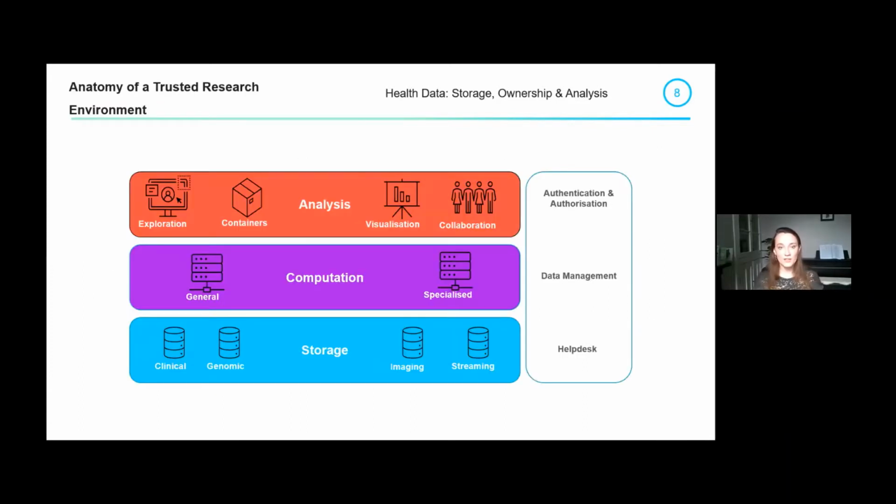So for the more technically minded, I've put together a little diagram of what an example trusted research environment could look like. And while the actual implementation can be very diverse in terms of hosting and deployment, you can have on-premise, so that means all the data is held physically within the location where it's been created, in cloud, or a mix between these two in any which way.